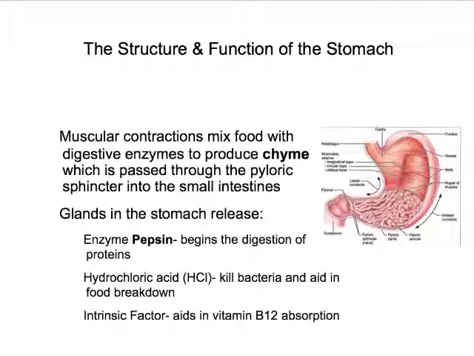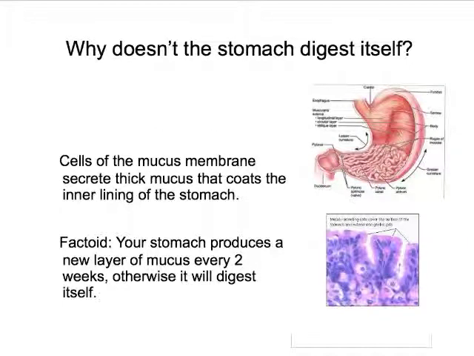All right, so we've got a whole bunch of hydrochloric acid being secreted in our stomach when we swallow food, and that hydrochloric acid is about pH 2, okay, which if you remember anything from chemistry, pH 2 is quite corrosive. So why doesn't the stomach digest itself?